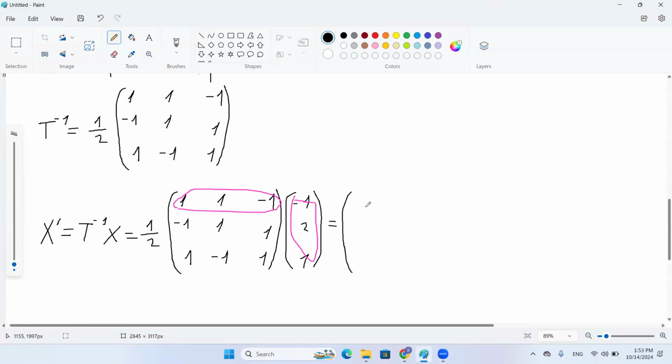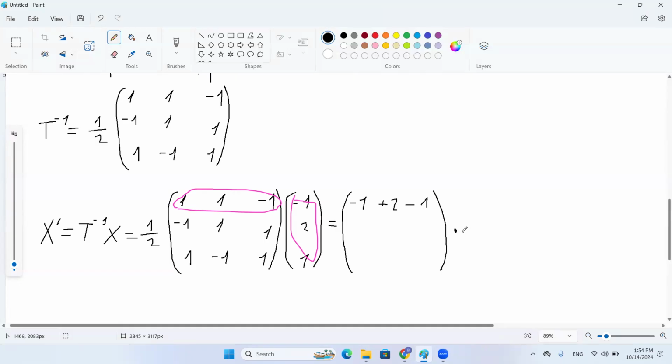In this cell we will have the scalar product of this row and this column. So -1 plus 2 -1.